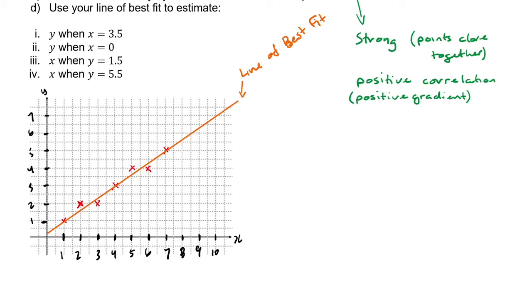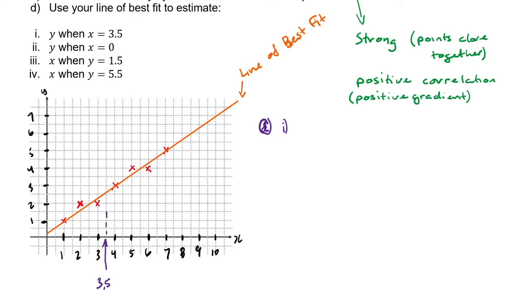For our last part, we're actually going to do some interpolation and some extrapolation. So mostly we're going to be inside the data though, so we're going to be doing mostly interpolation. So for part i, we want y when x equals 3.5. So let's go to x equals 3.5, which is right in here.